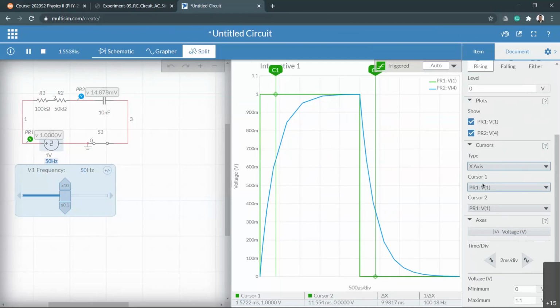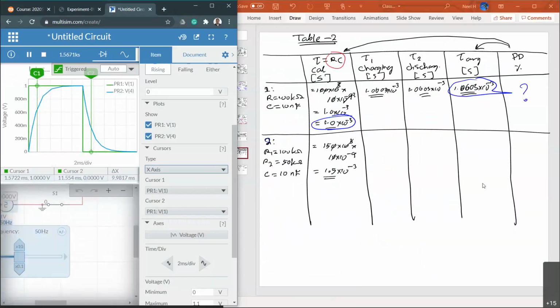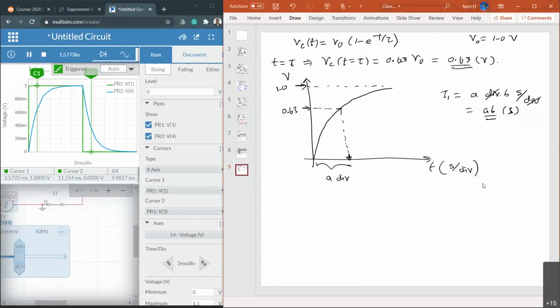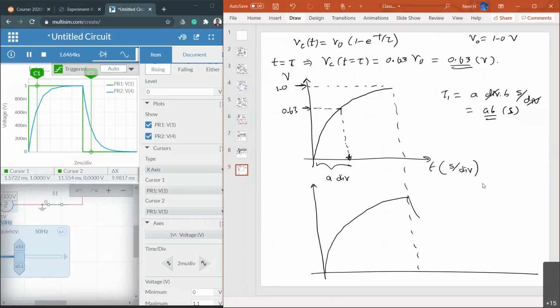Let me write down that information. So when you do the second one, it's going to look like this. This is the charging curve. You still have the charging curve. And then when we measure the discharging curve right here, this part right here, we are not interested in, okay?